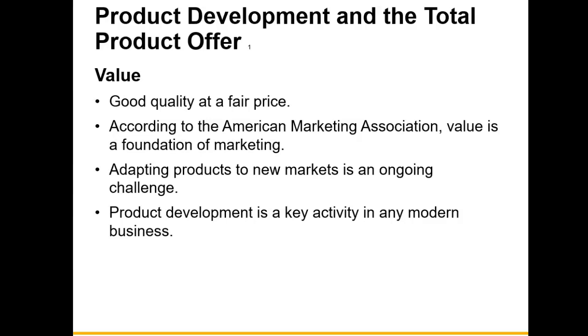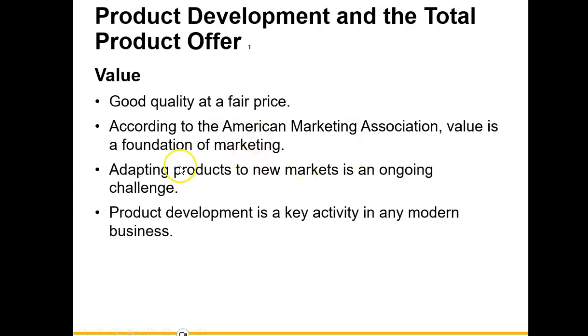When a company is trying to develop a new product to bring into the market, there are certain things they need to focus on. First, can we bring a good quality product at a fair price? According to the American Marketing Association, value is the foundation of marketing.